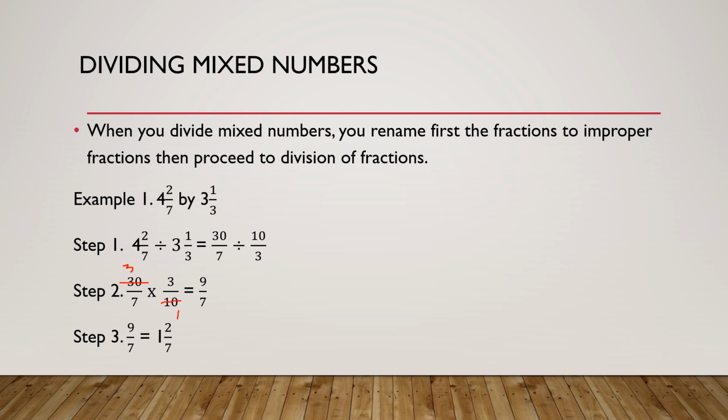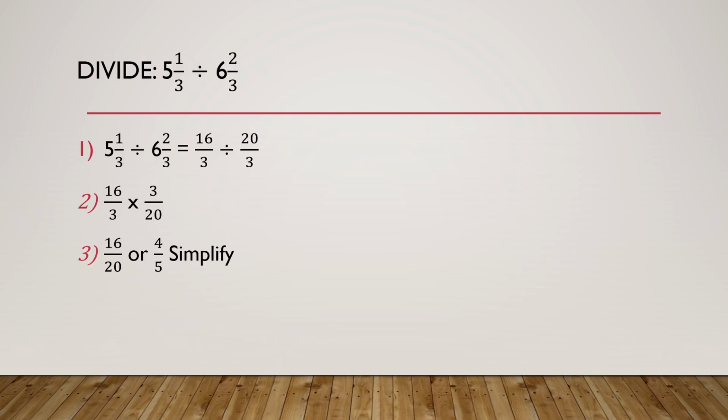Then step 3, always simplify your answer. 7 over 9 could be 1 and 2/7. So this is the simplified answer. So you always simplify your answer.